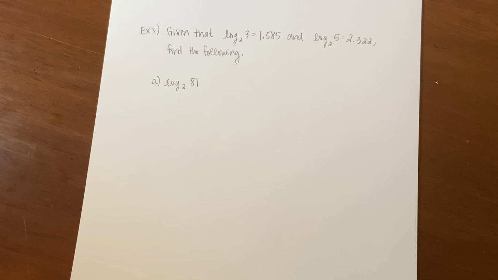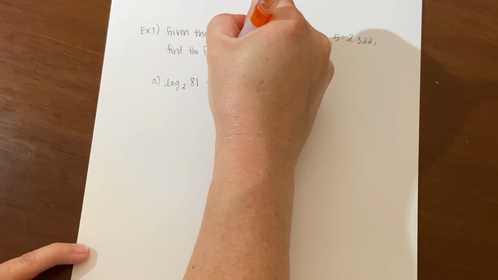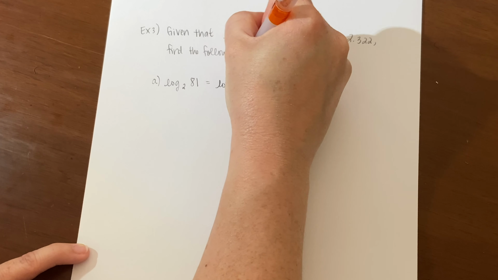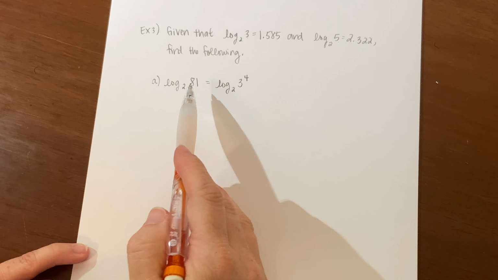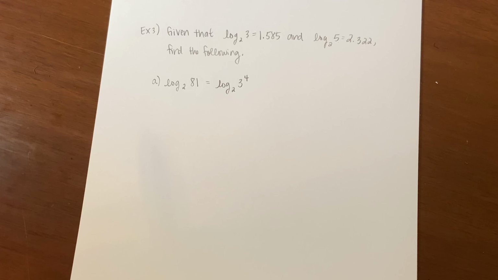Hopefully the 81 is making you think of 9. 81 is 9 squared, and then we know that 3 squared equals 9. So that means that 81 is 3 to the 4th. So first I'm going to rewrite the 81 as 3 to the 4th, because 81 equals 3 to the 4th.